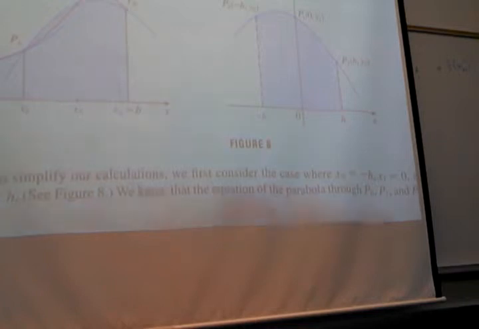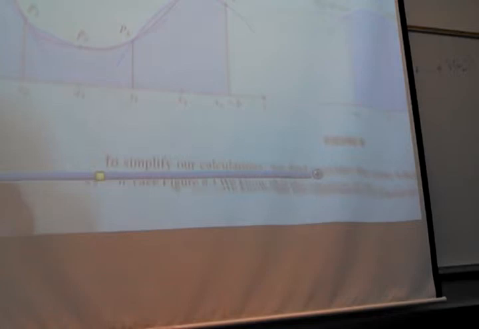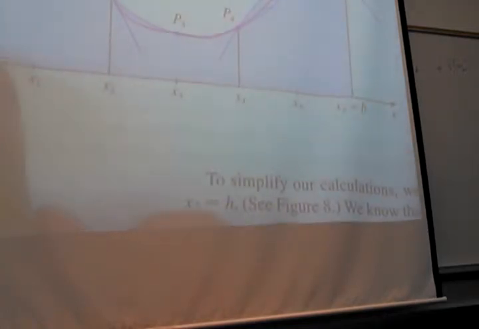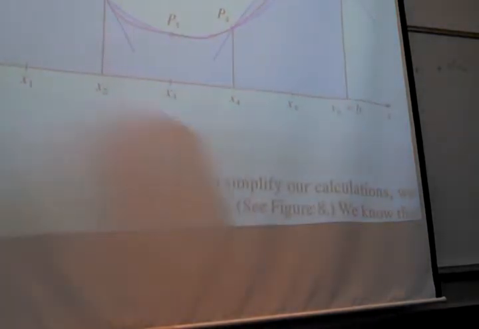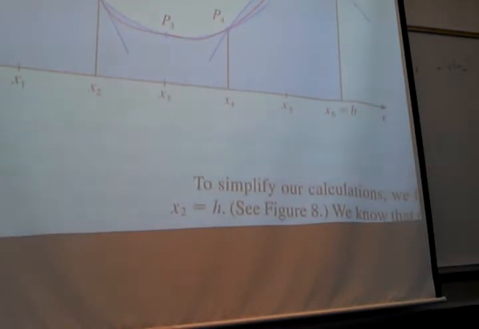Since a parabola needs 3 points, you actually use 2 intervals. Do you see how I don't have a single rectangle across? Instead of having a rectangle from x0 to x1 and another rectangle or a trapezoid, we actually have, across 2 intervals, a single polynomial, because it requires 3 points to be defined.